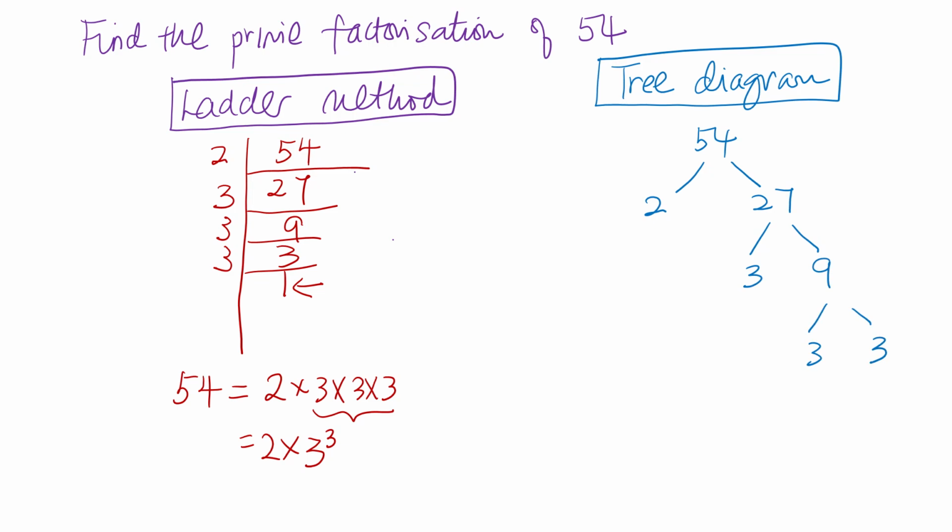Basically, you stop once you manage to get a prime number. So 54 equals 2 times 3 times 3 times 3. Again, we can stack it up to be 2 times 3 to the power of 3. So this is what it means by prime factorization.